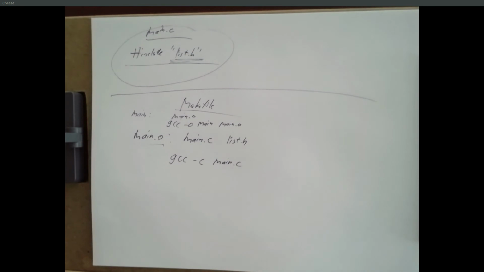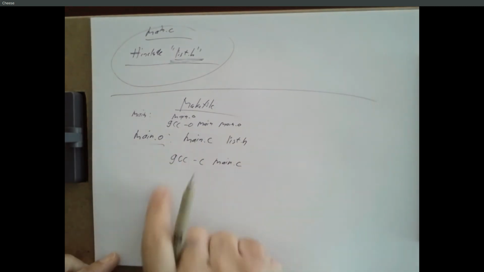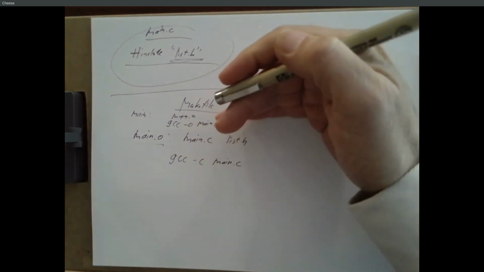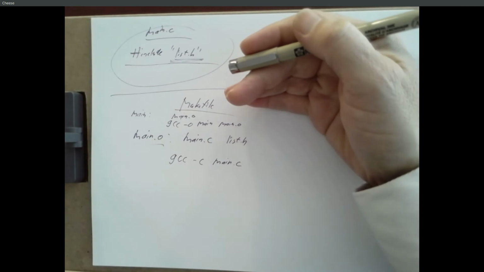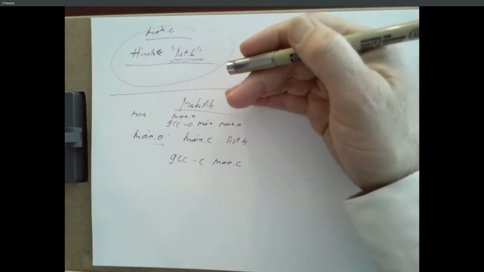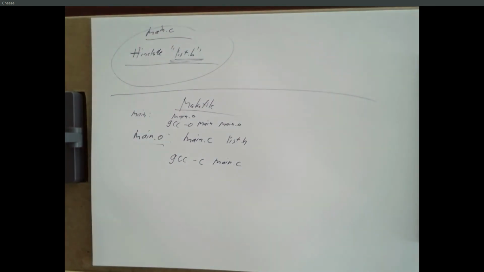But if you have two files, main.c and list.c, this is slightly faster. Practically speaking, it makes no difference. But if it grows to where you have 1,000 files, it's significantly faster to just have a bunch of .o's, because then if you just change one file, you only recompile that one file. So it's mostly just practice for larger projects.